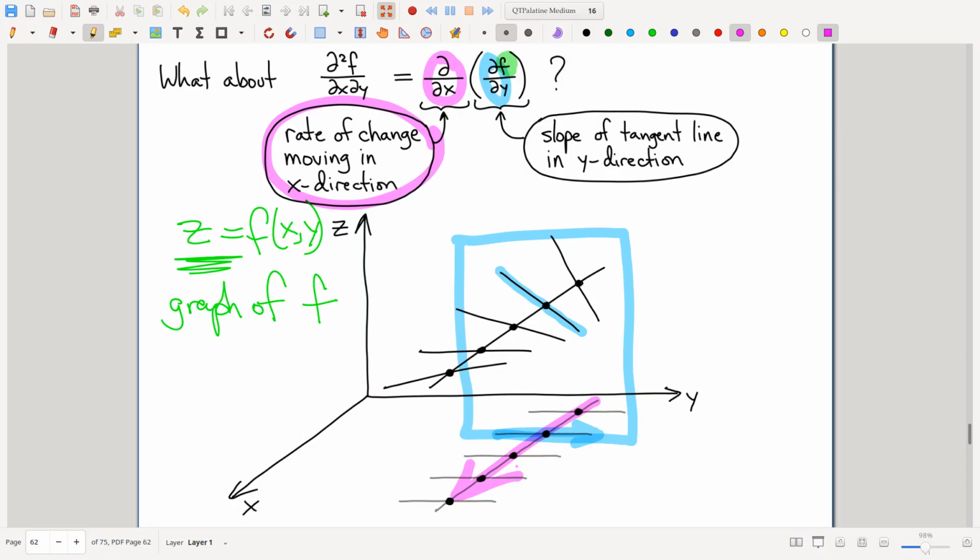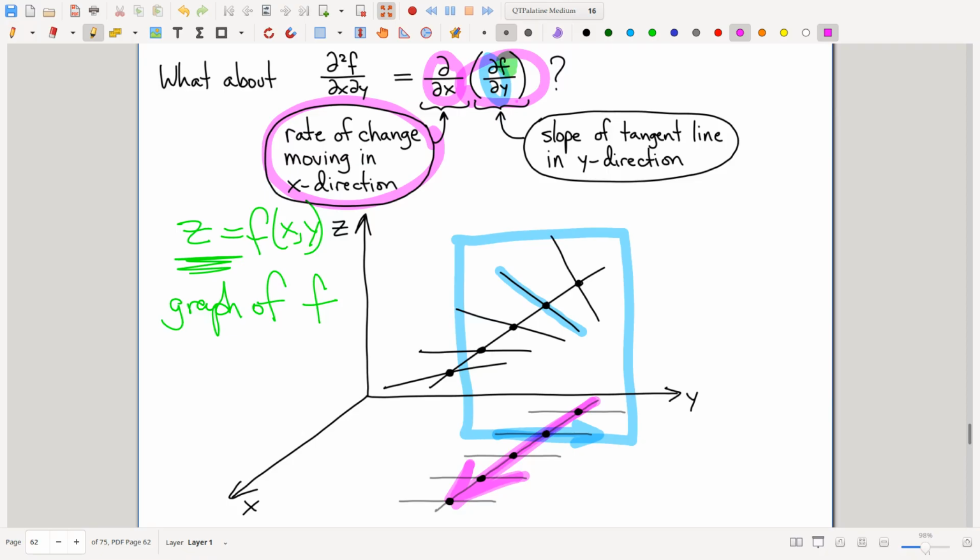And what you notice is that as you go in the x direction, these y partials seem to be increasing. Everybody see that? As I move out of the screen, as I move in the x direction, the y partials that were really negative, as I go this way, those very negative slopes are turning into less negative and then eventually positive. Those slopes are increasing.